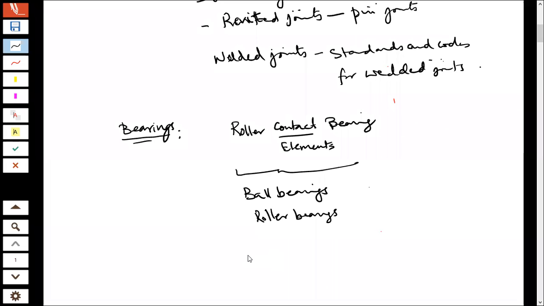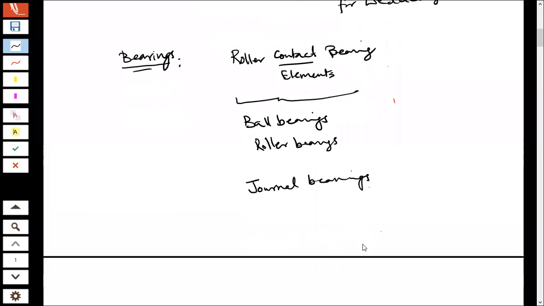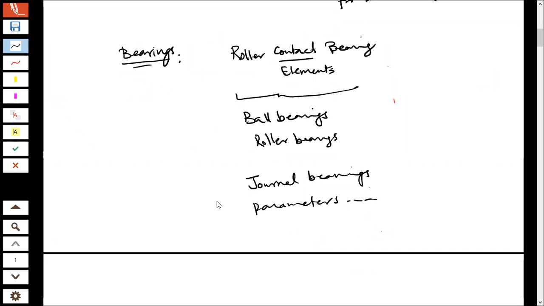We will also talk about the design of journal bearings, and that will include all the design parameters for journal bearings and how we look at that.